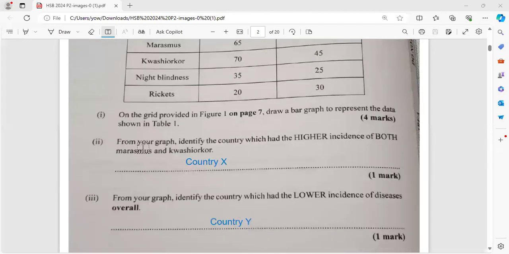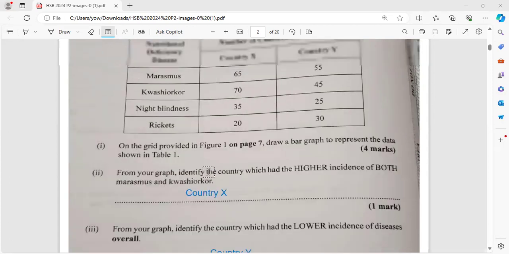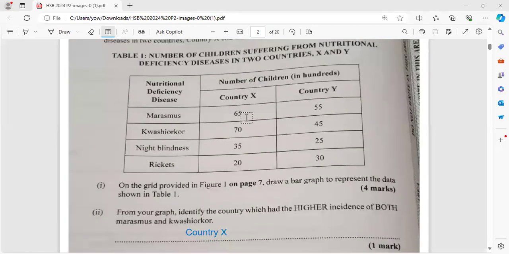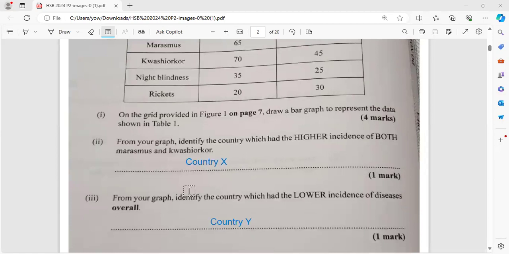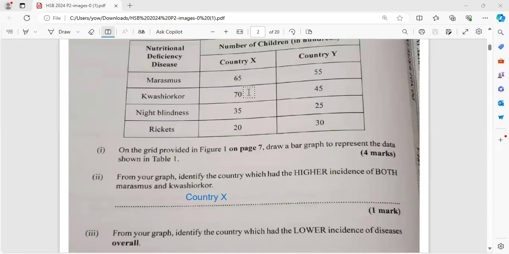All right. So from your graph, identify the country which had the higher incidence of both marasmus and kwashiorkor. It has to be country X. We can see there 65 and 70 for country X, versus 55 and 45 for country Y. From your graph, identify the country which had the lower incidence of disease overall.